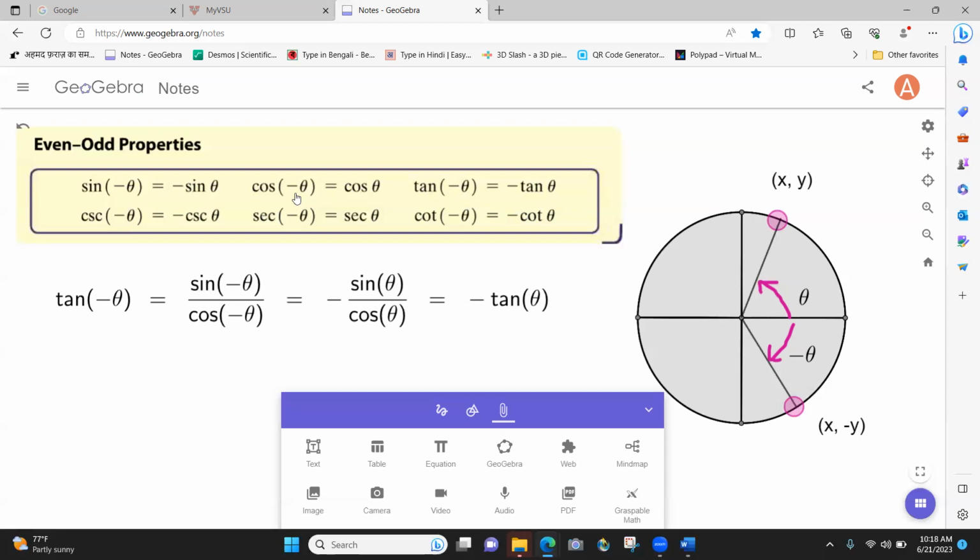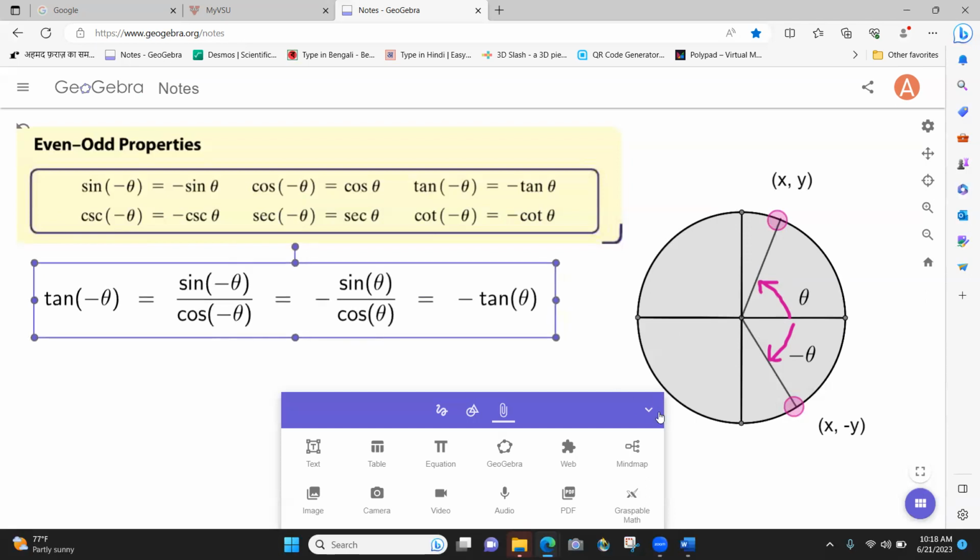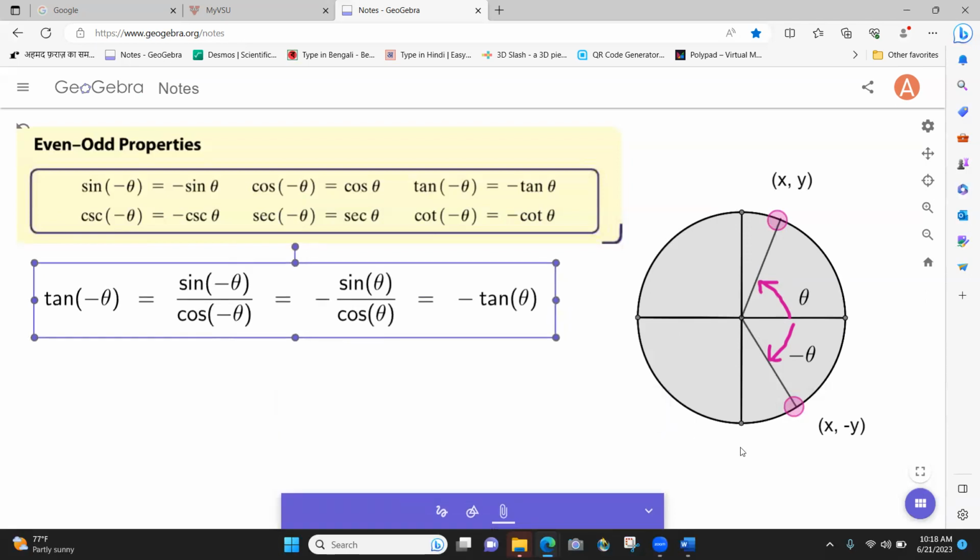You don't have to understand those terms yet. Some of you who have done trig in high school might be able to relate to it. I don't know about the rest, but we'll worry about it later. Odd and even property means these little minus signs coming in and going out. Okay, and here's the explanation on the right. I'll pause it just a little bit to see if you have any questions.